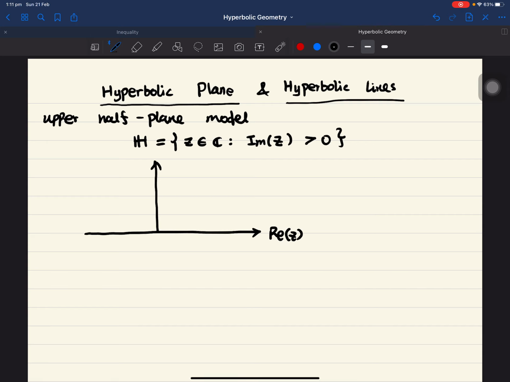So in the complex numbers C, the hyperbolic plane is only the upper half plane.